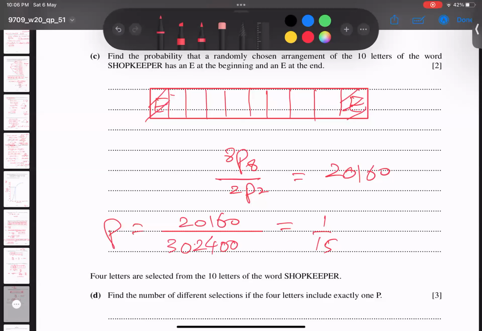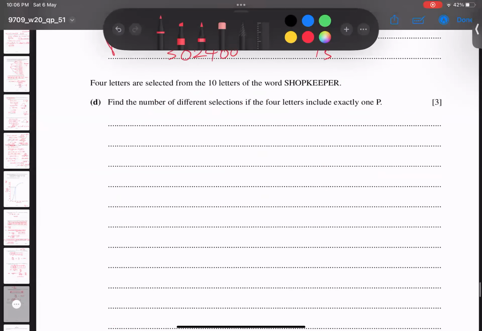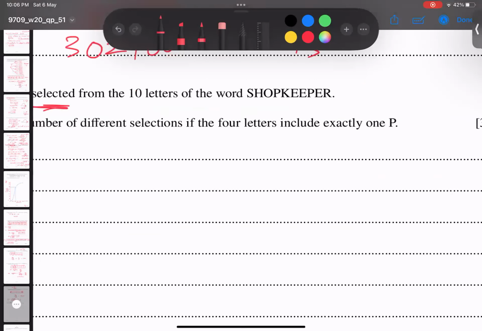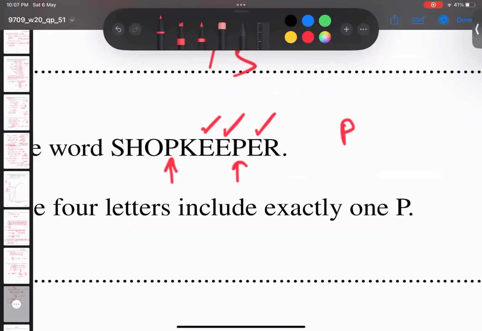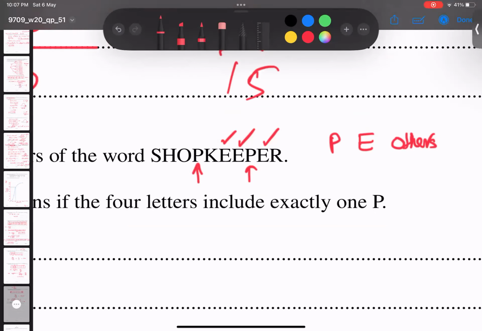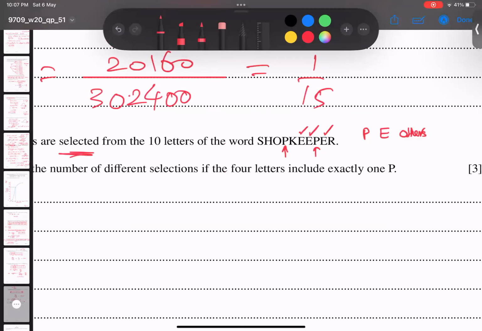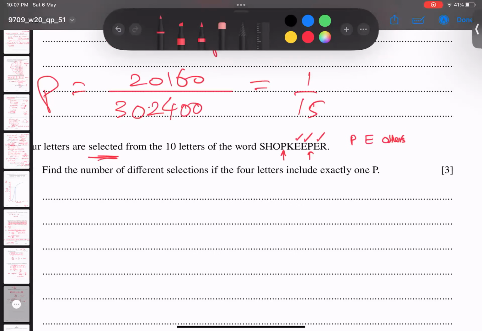So let's go for the next question, students. 4 letters are selected from 10. Selection is a little bit of a tough task, especially with options when there are repeating letters. So there are P's, E's, and others. Okay, so 3 things are there: P's, E's, and others. And what he's saying here is that different selections are there.